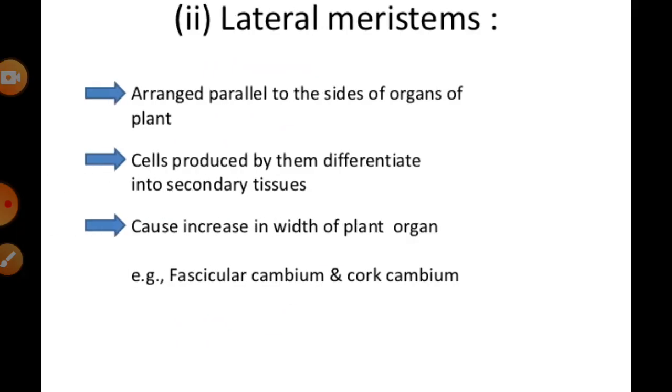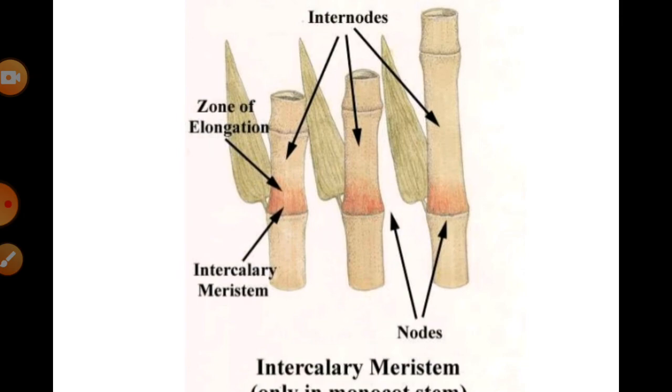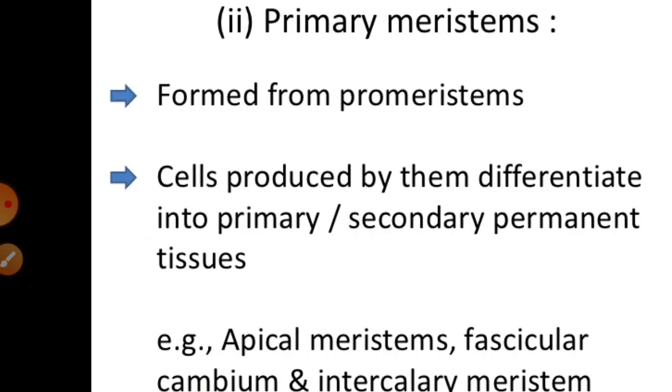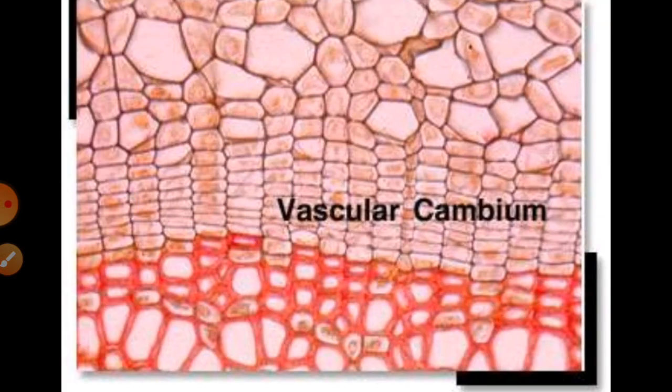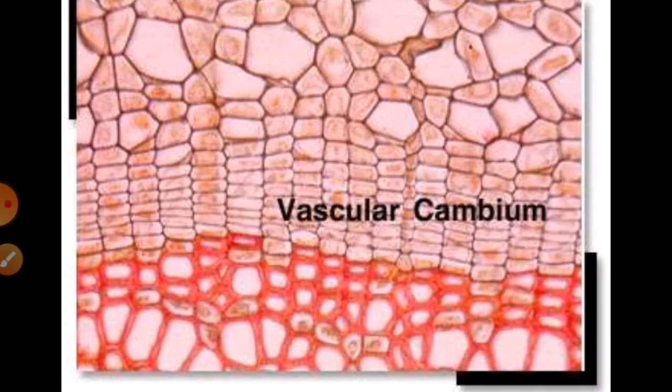Next we will discuss the other permanent tissues found in different parts of the plants, that is, simple permanent and complex permanent tissues, tomorrow. Be prepared and ready to read all the functions. Prepare notes with the diagrams given in your books, and then we will talk about the simple permanent tissue.